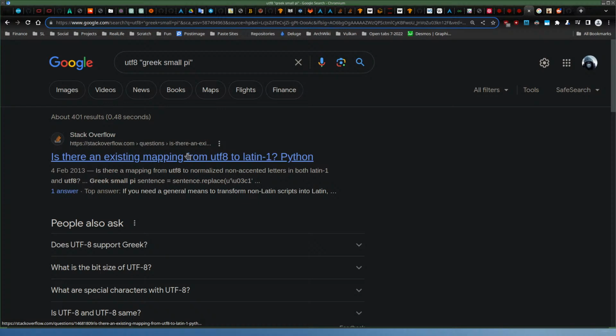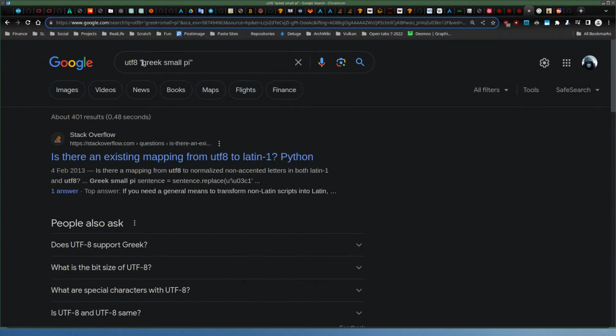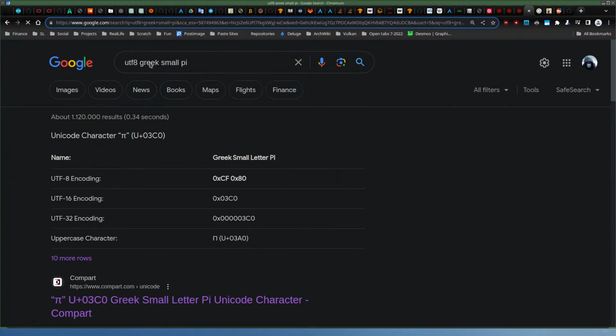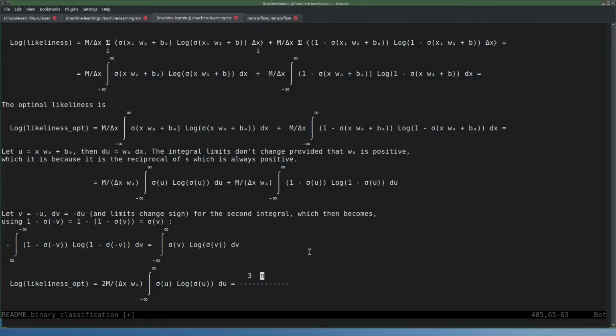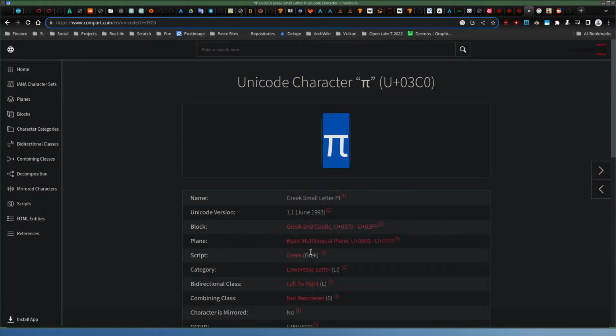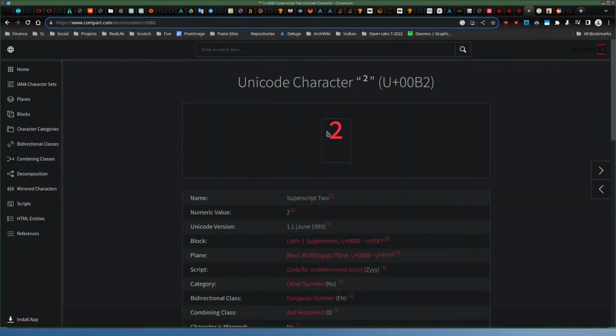Even with quotes, it can, oh, is there an existing map in Latin 1? Okay, I could not find it. Let me just remove quotes then. Now we can find it. Same side. And now we need a square, of course, which I cannot find. I might as well go here. Superscript 2.